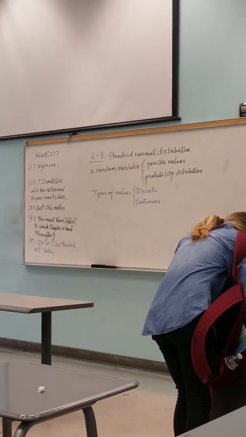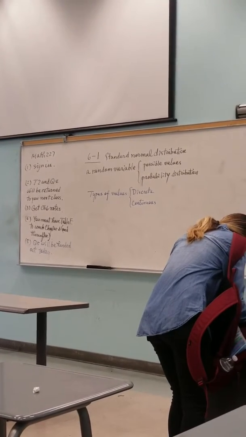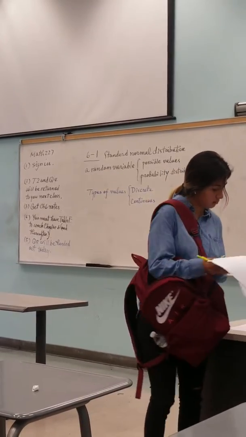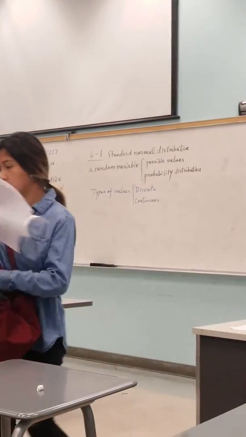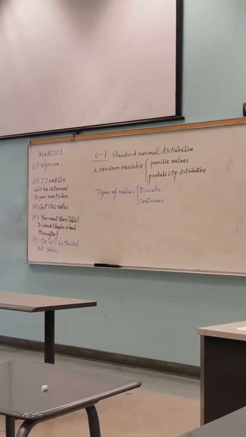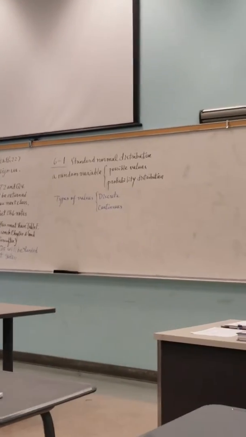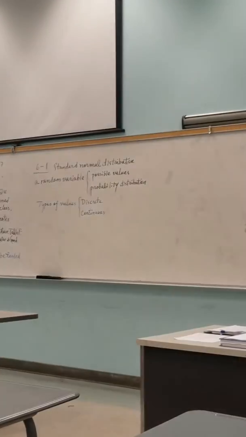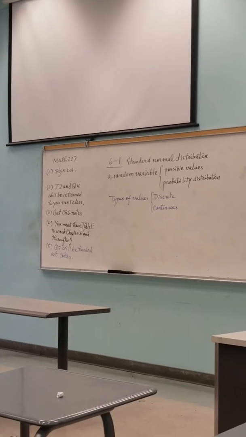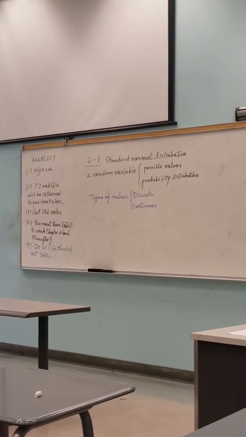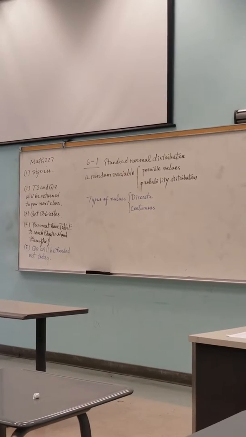A person cannot have 0.2 credit cards. Impossible. A person will not have 1.1 credit cards. Impossible. Any number between 0 and 1, any number between 1 and 2 is not a possible value, correct? So this is what type? Discrete type.